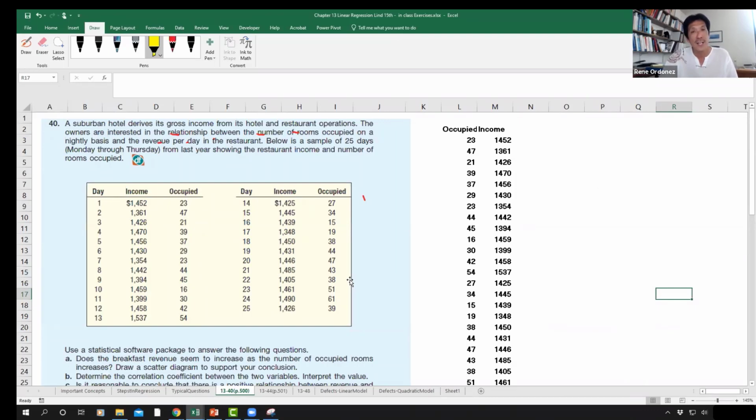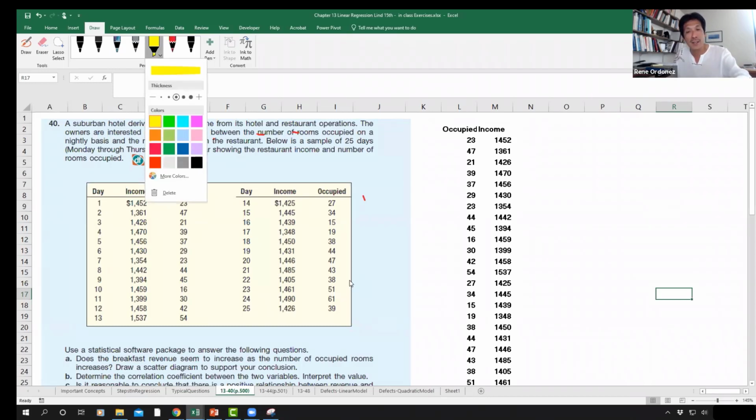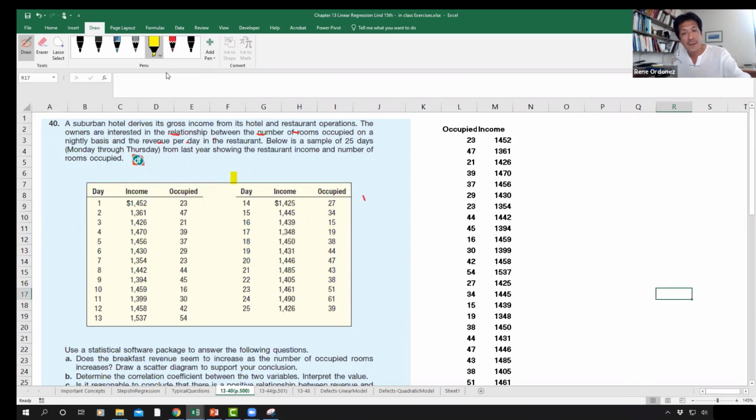The owners are interested in the relationship between the number of rooms occupied on a nightly basis and the revenue per day in the restaurant.